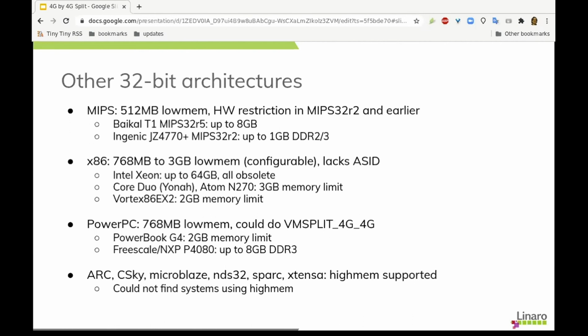There are two SoC families that people are still actively working on in the kernel that have this problem. So the Baikal T1 SoC was just merged into the MIPS kernel, and they run up to 8 GB, but can only have half a gigabyte of lowmem. So they certainly have this problem.